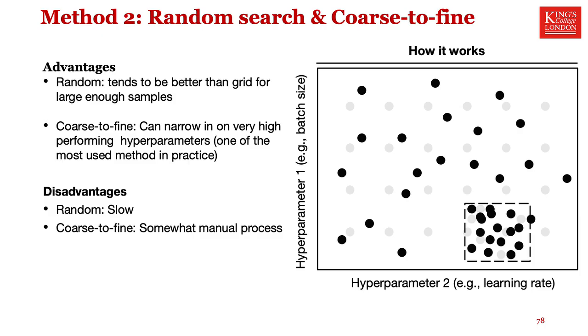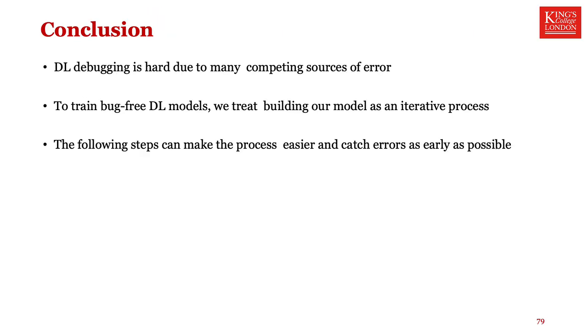It's a somewhat manual process in the way that you need to define exactly how the coarse to fine search happens and the parameters of that itself, so it adds complexity, but it can give you very good results with relatively small computational burden.